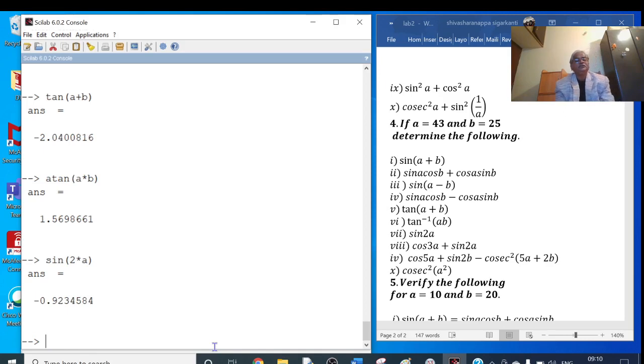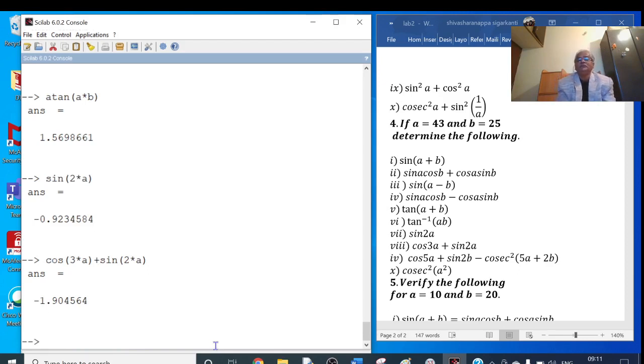Then cos 3A plus sine 2A: cos open bracket 3 star A close bracket, plus sine open bracket 2 star A close bracket, and press enter.